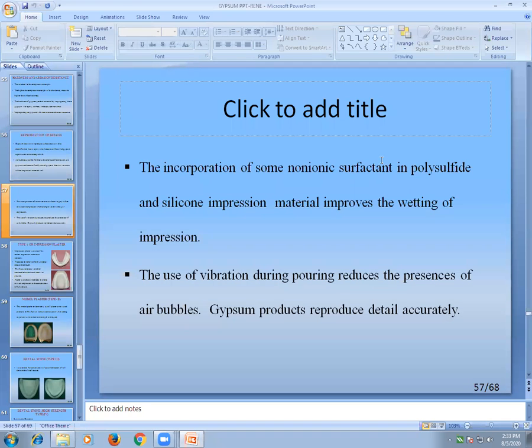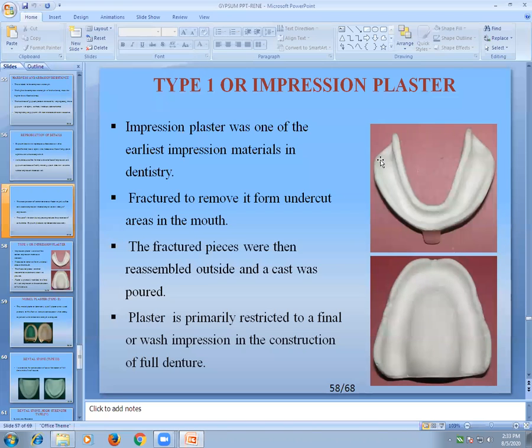Type 1, impression plaster. Impression plaster was one of the earliest impression materials in dentistry. Nowadays, we don't use impression plaster. Before, it was used.